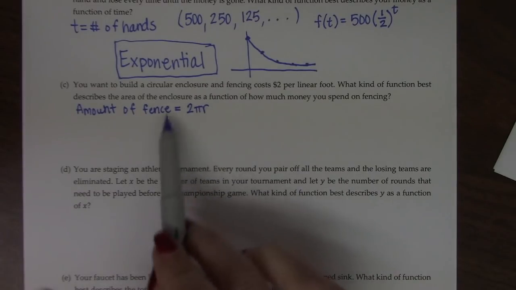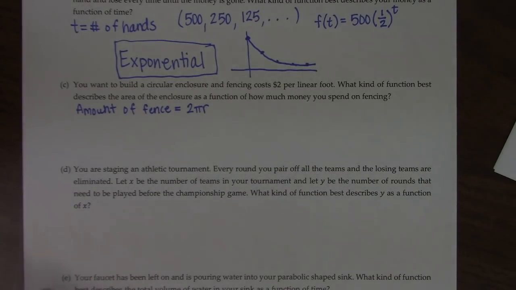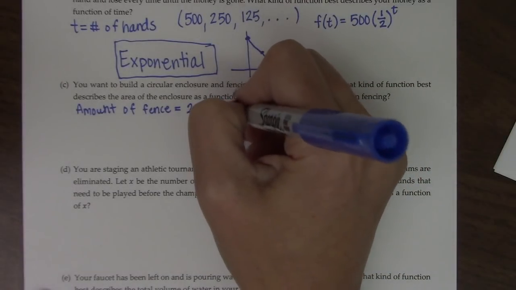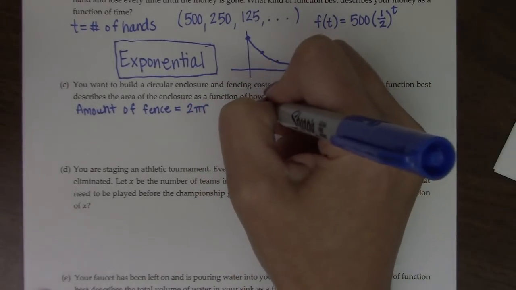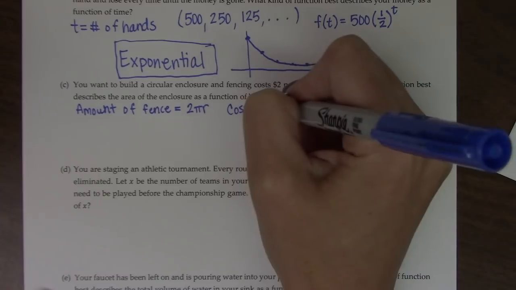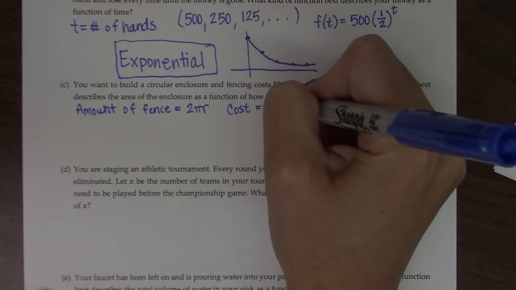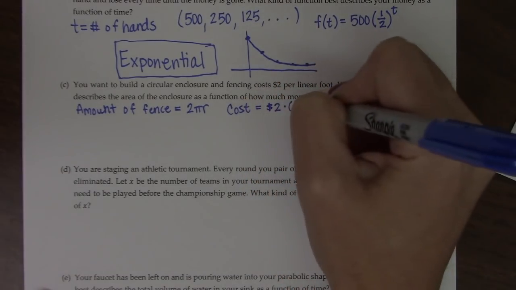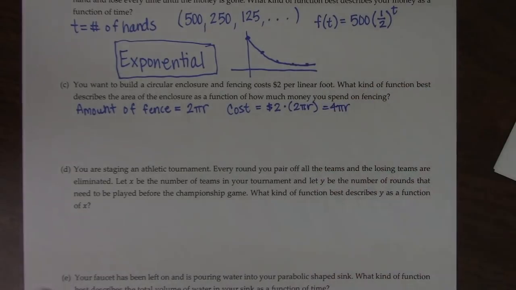So no matter how big your circle is, we need 2 pi r worth of fencing. The cost of the fence is going to be $2 per foot times the amount of feet you need.